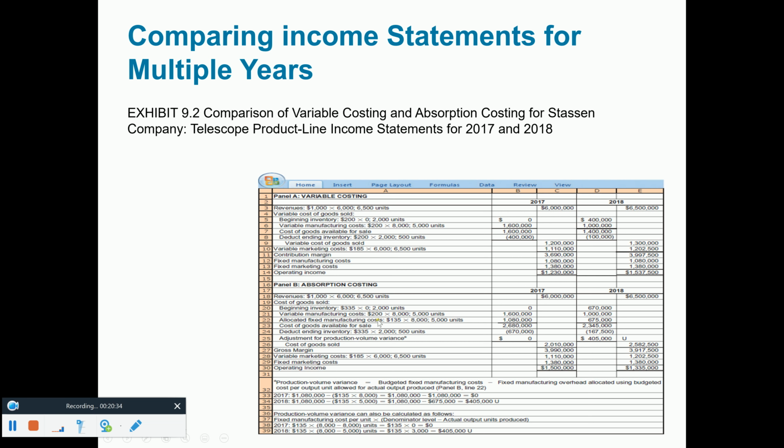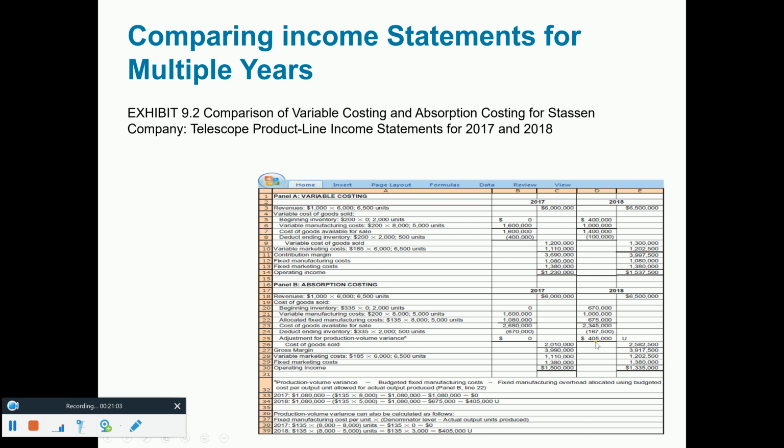That's the $200 per unit for variable manufacturing cost and $135 per unit fixed manufacturing cost. There's your 335 times ending inventory of 500 units. That's where you get your $167,500.